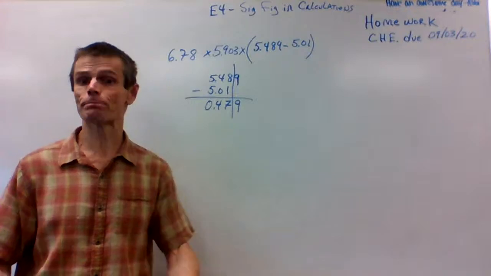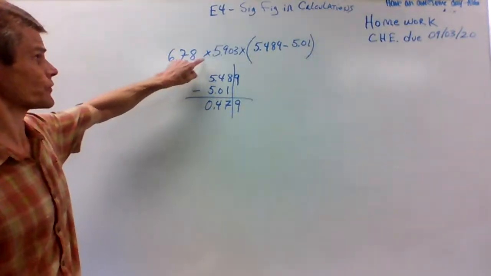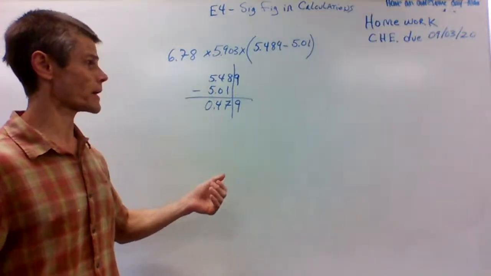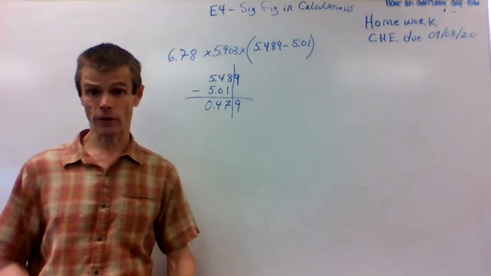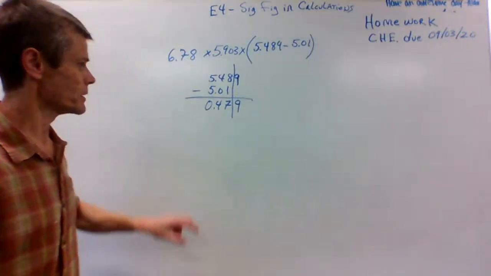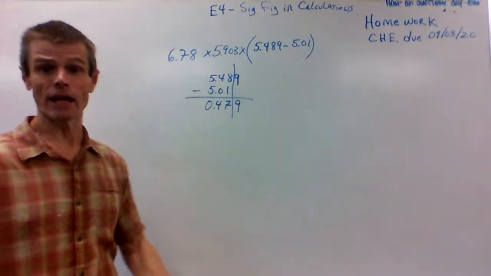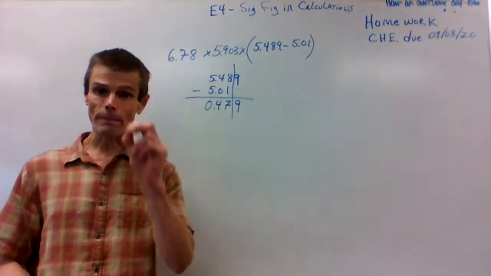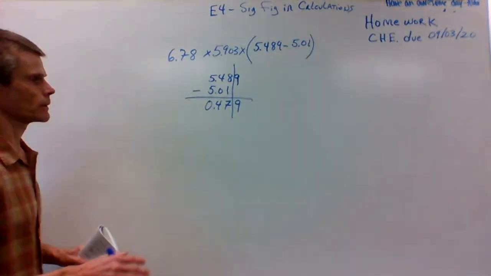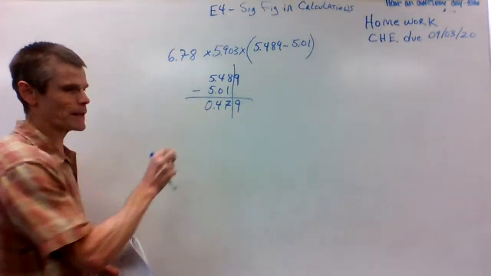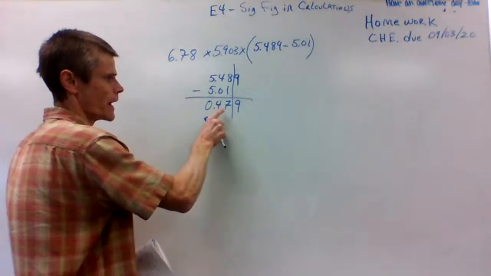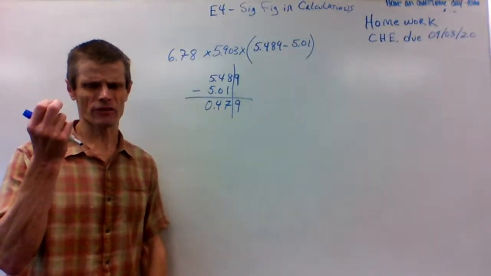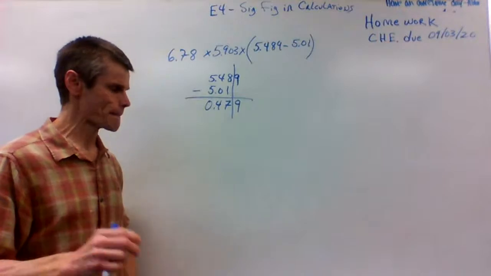Don't round off between steps, because we still have more steps to conduct. We have to multiply these other numbers by this difference. So we're going to retain all of our data from this step, but remember that if we were done, we would be limited to the hundredths position. We need to remember that when we do our next step.